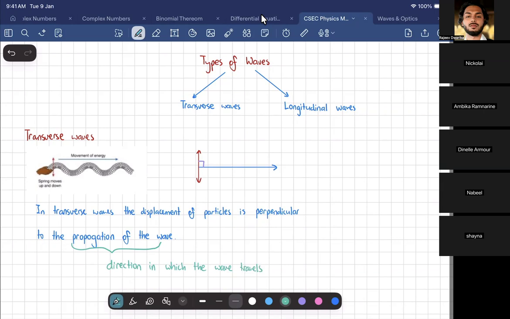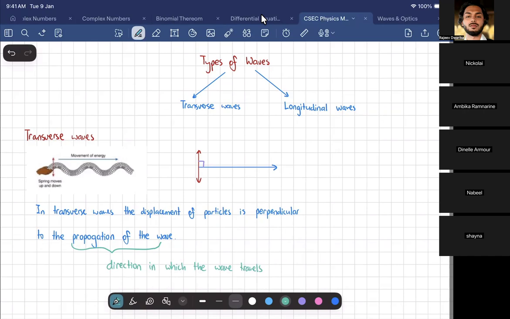So Danielle, if I displace particles up or down, because you're moving up or down, think of the environment we're in. If you move your hand up or down, you're displacing particles in the air, right? So by me displacing particles up or down, my slinky is going to move in the direction perpendicular to my displacement.